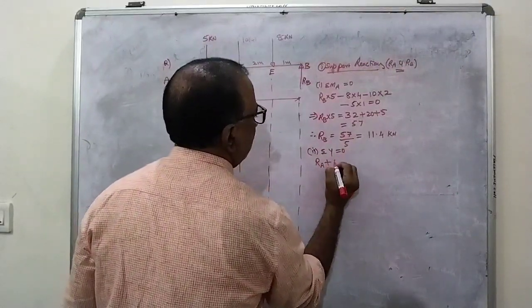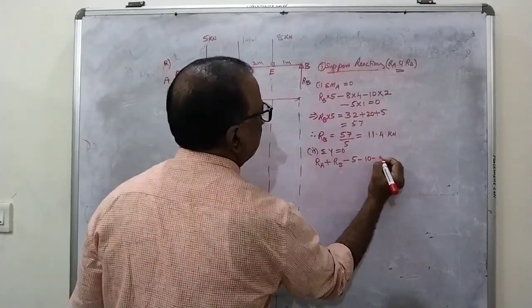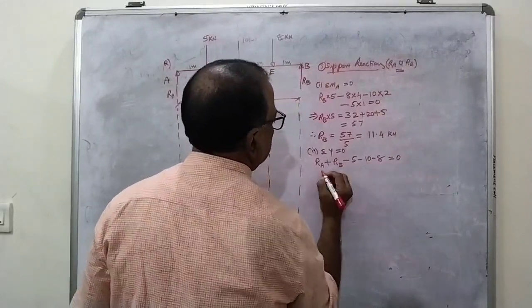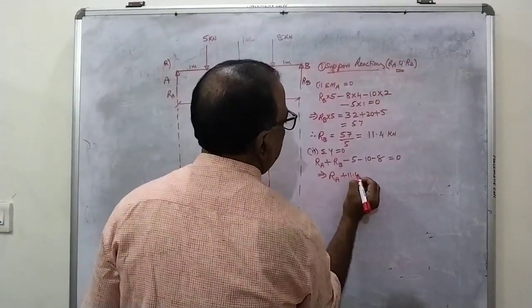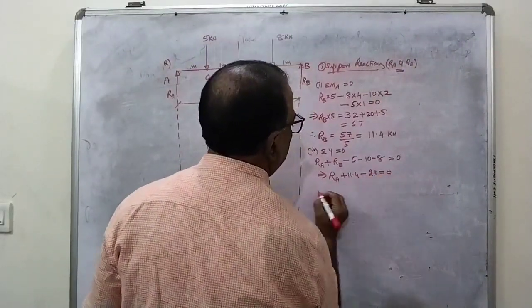Sum of the upward minus sum of the downward, 5, 10, 8 is equal to 0. RA plus 11.4 minus 23 is equal to 0.